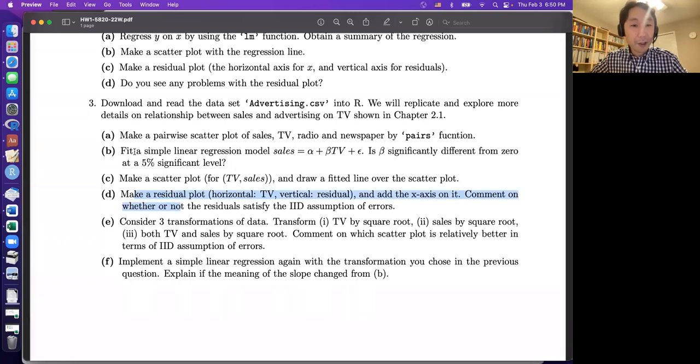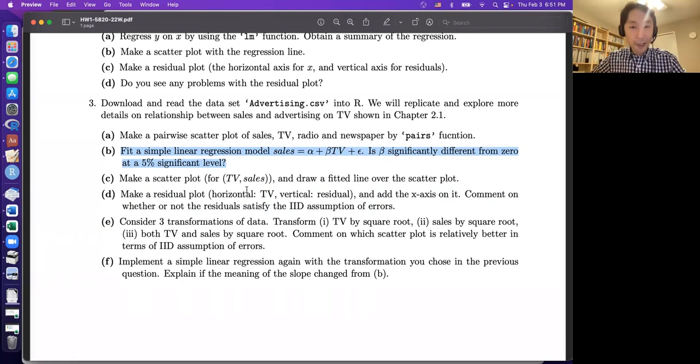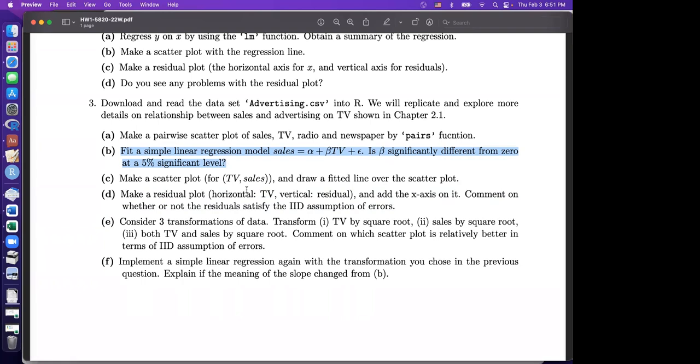So you can use the result of 3B to do this. I will try again, but I don't know why it wouldn't plot the residuals. My regression is sales on TV, right? Yes. If I have any error one more time, I'm going to come tomorrow to the office. Sure.